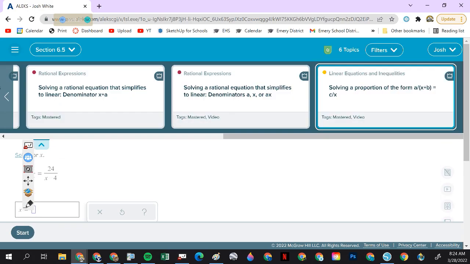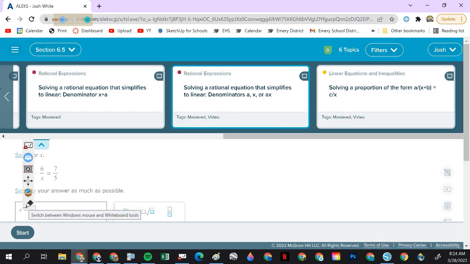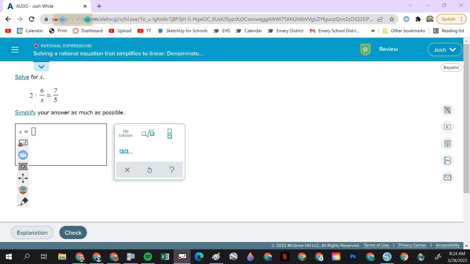Okay, let's do a different one. Same idea here, but I don't have a single fraction equals a single fraction. So I need to turn this side into a single fraction. What would the common denominator be?